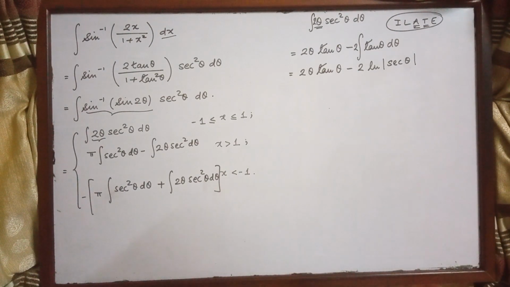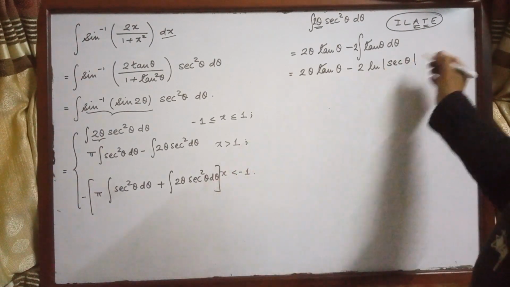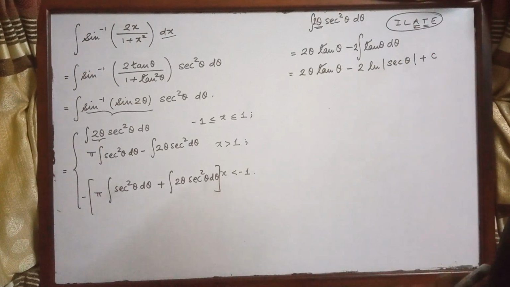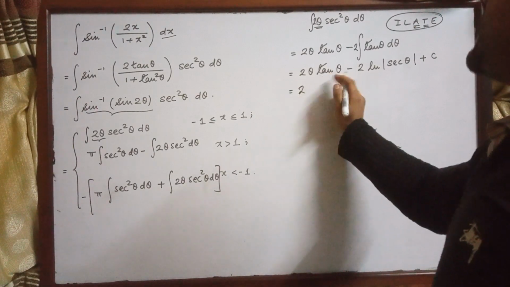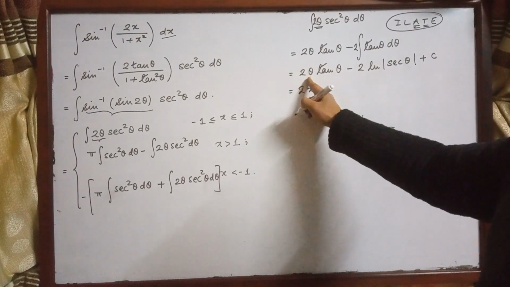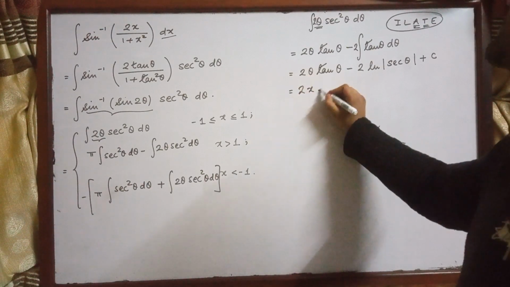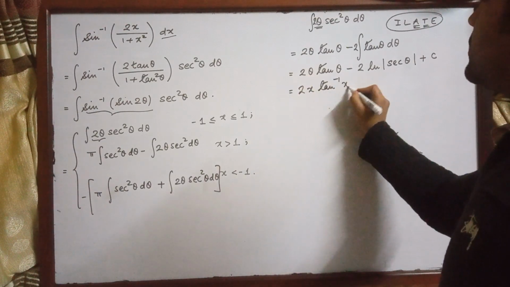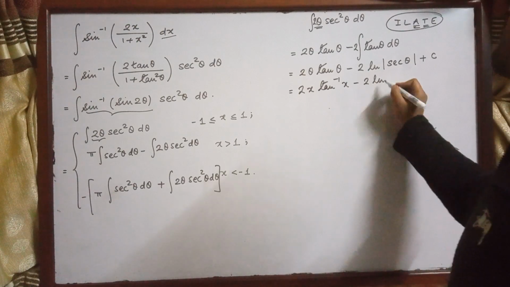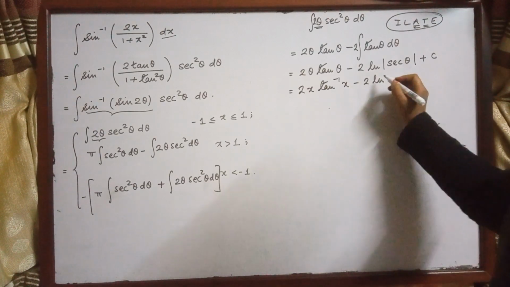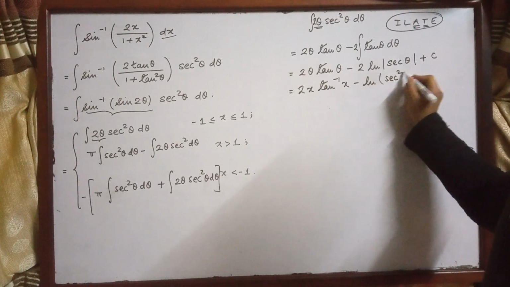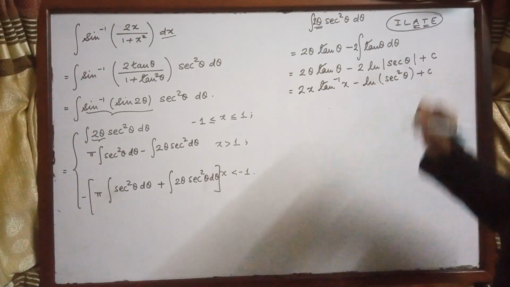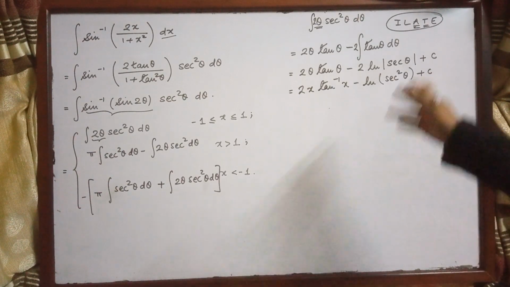So this part of the integral is something like this. Now twice tan theta means x, and theta itself is tan inverse of x, minus twice log. Now let me write it as sec squared theta plus c, because that will be easier.